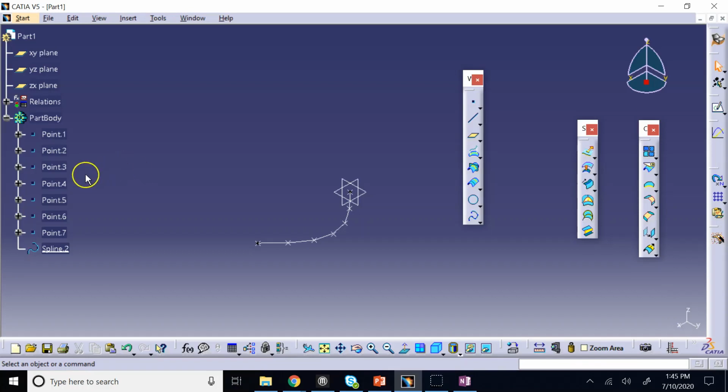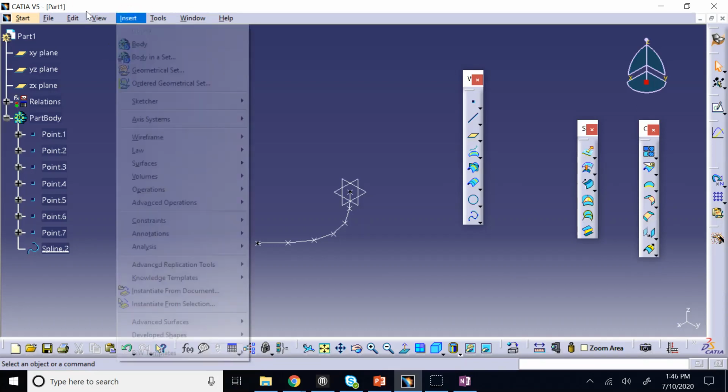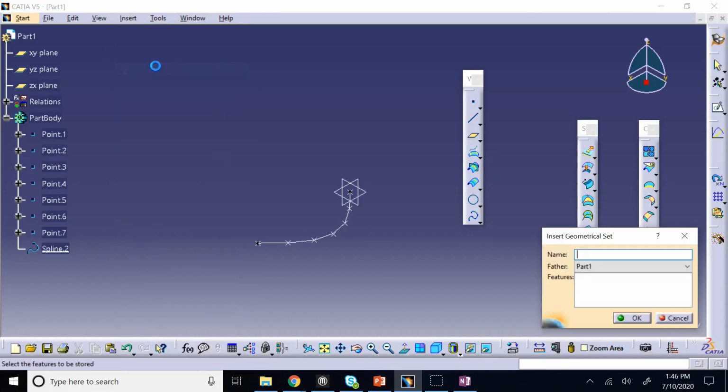You don't need to have all of the components inside the geometric set to be the same type. It's like a folder in your computer, right? You can save a music file, put the music file under this folder, a video file, a Microsoft Word, and a text file, and so on and so forth. So that's the same thing here. So we say insert for me a geometric set, and I call it spline points.